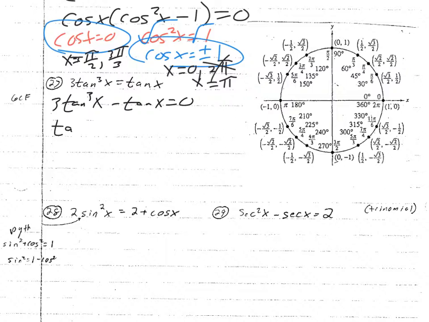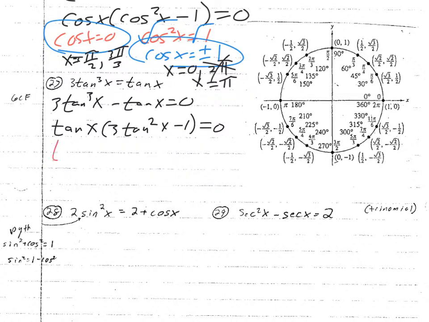So factoring out a tangent x, I'll be left with 3 tangent squared x minus 1 equals 0. So I was taking the greatest common factor of tangent x and being left with 3 tangent squared x and then minus 1. This I'm not going to factor.